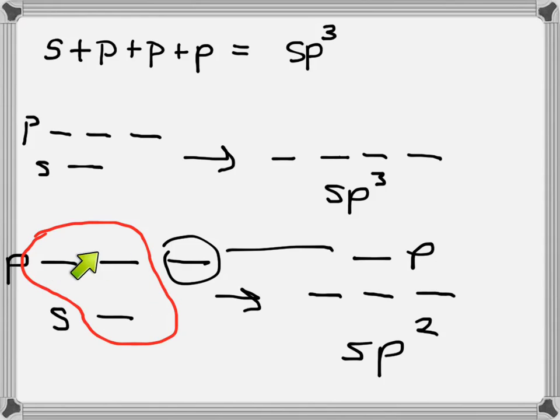So these 3 orbitals hybridize to make 3 equivalent sp2 hybrid orbitals. They're going to arrange themselves in that trigonal planar form. And then this p orbital is left out.